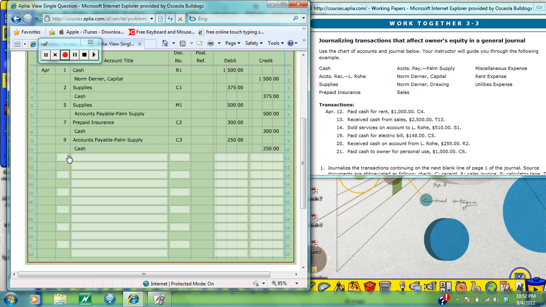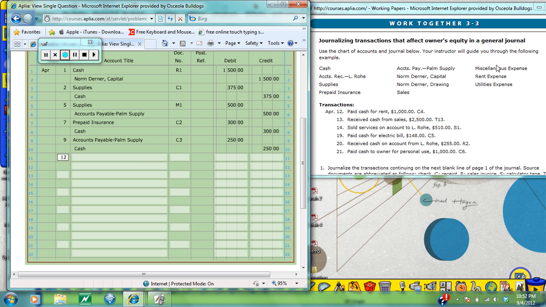Now moving up here, we're using the same chart of accounts. We're learning to journalize other kinds of transactions. On April 12th, paid cash for rent, $1,000, check 4. Well, cash, rent expense, all expense accounts have a normal debit balance until you close them out.